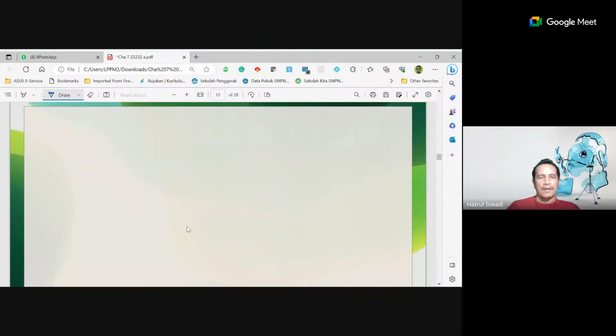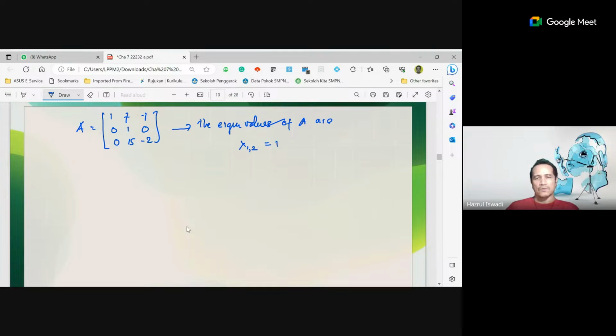So we have A is 1, 7, minus 1, 0, 0, 1, 0, 0, 15, and minus 2. This matrix has the eigenvalues lambda 1, 2 equal to 1, and lambda 3 equal to minus 2.